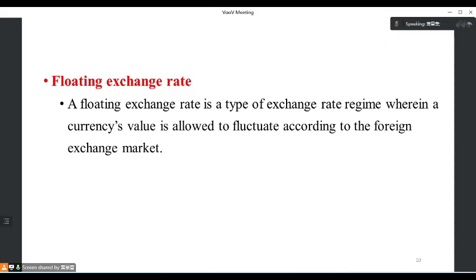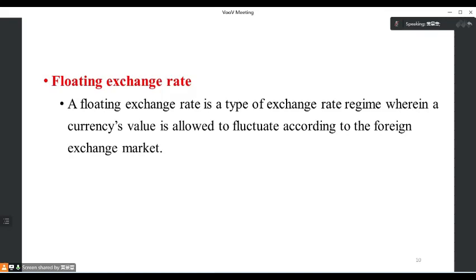one Chinese yuan equals 0.14 US dollar someday, and it can be changed into one Chinese yuan equals 1.13 US dollar in the future someday. This kind of exchange rate, we can call it floating exchange rate.